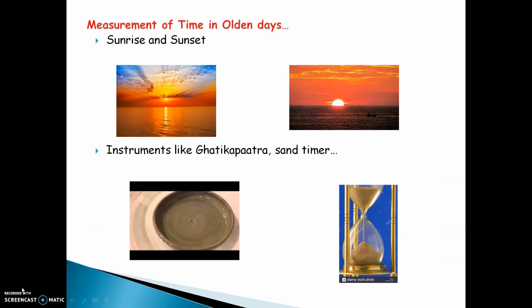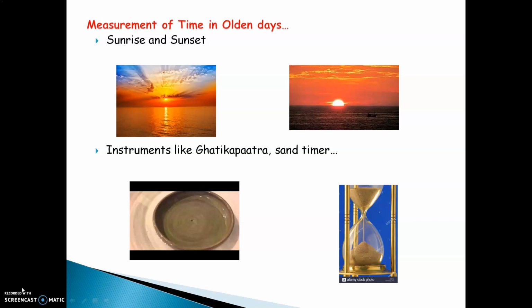All of us know how to see the time. The instruments that we use today to see the time are watches, mobile phones, clocks, etc. But in olden days, people did not have watches, they did not have any idea of how to see the time. In such situations, people used to go by the sunrise and the sunset.